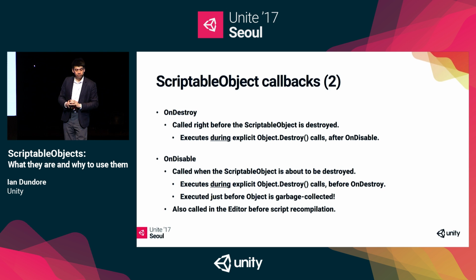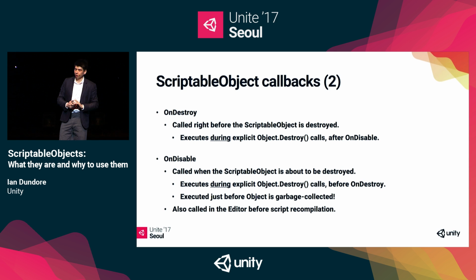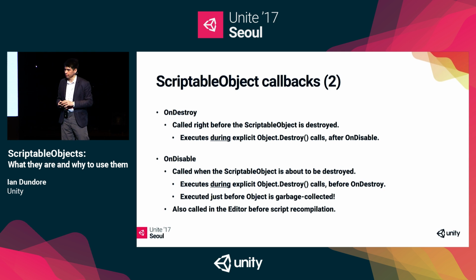It will also be invoked on the main thread by Unity's asset garbage collector if the asset garbage collector is about to unload this scriptable object. We'll talk more about that on the next slide. Also, in the editor, OnDisable is called just before we unload the scripting domain in preparation for reloading your recompiled scripts.